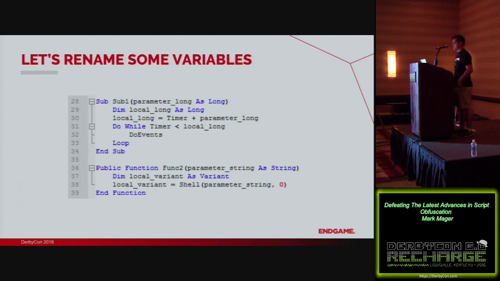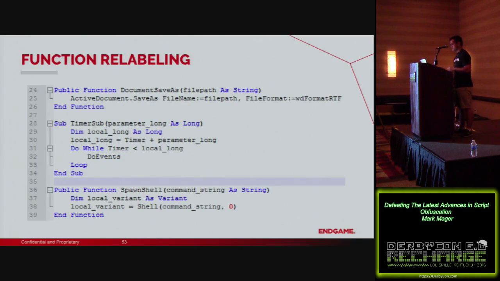And now we can proceed with renaming some other variables, ones that are further down the line. This is more just going through and doing some bookkeeping, getting some of those more obfuscated strings. And now we can also do some function relabeling based off the context of what these other functions do. So we can quite clearly see on line 25 that that's just calling the save as function.